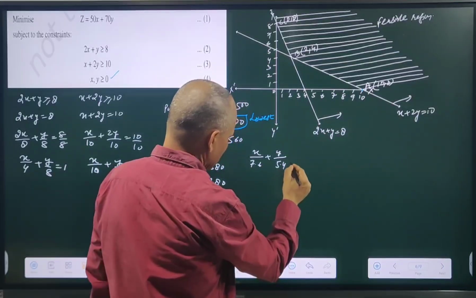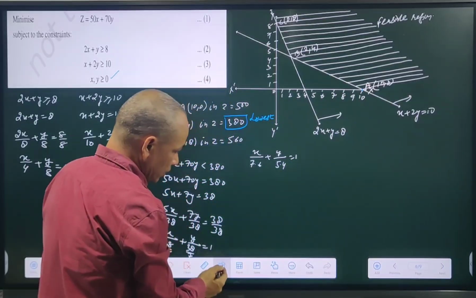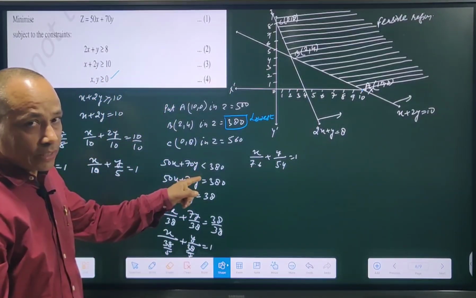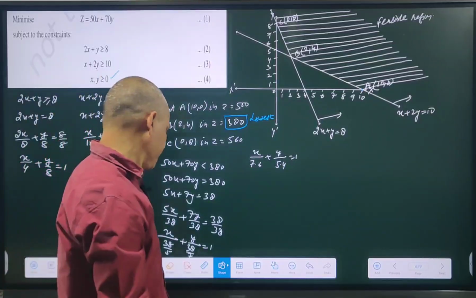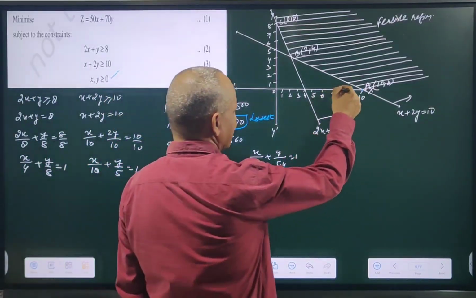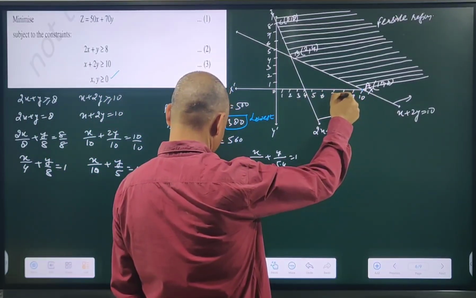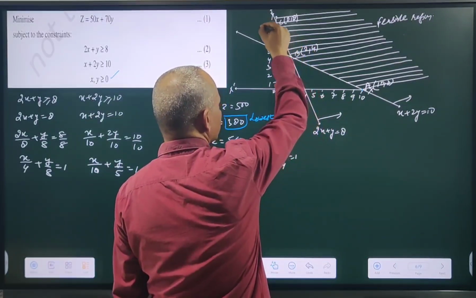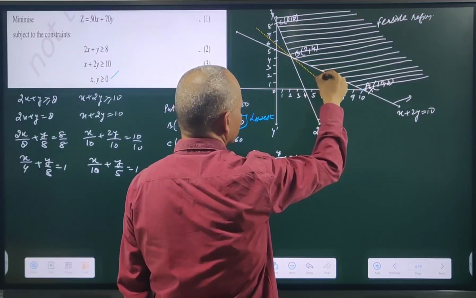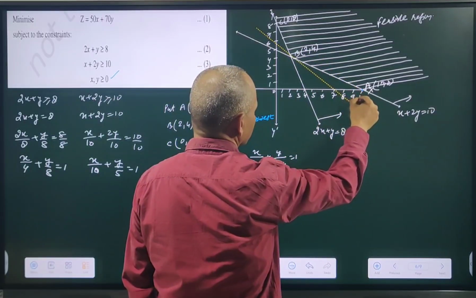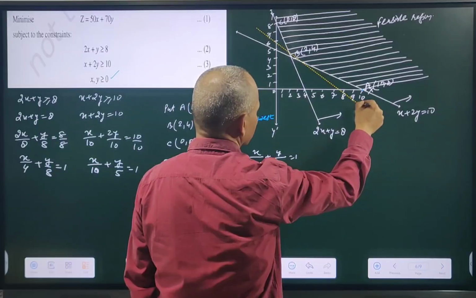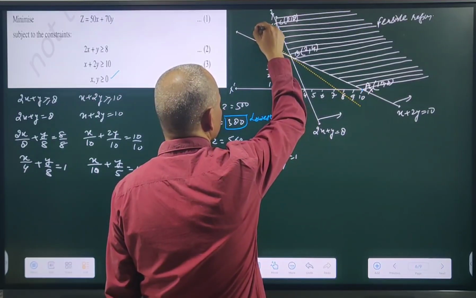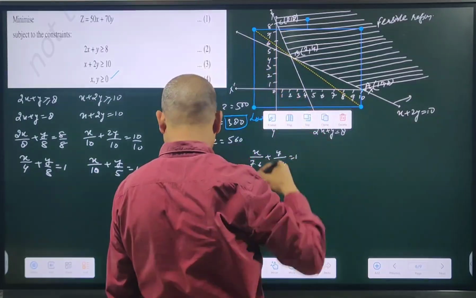As the inequality has only less than, the line will be dotted, with x intercept 7.6 and y intercept 5.4. It will go somewhere like this.